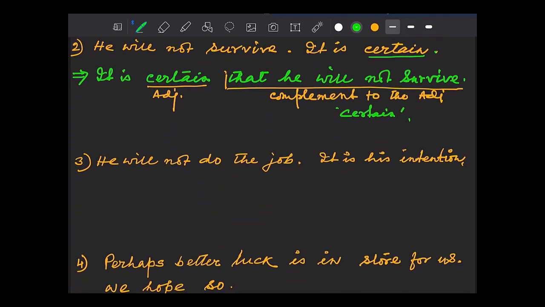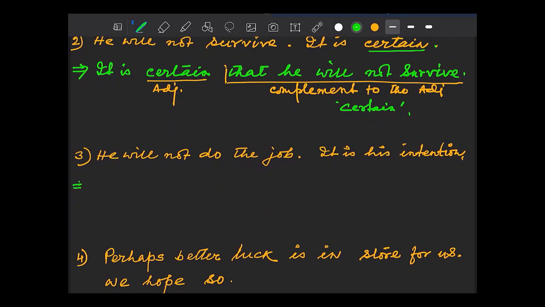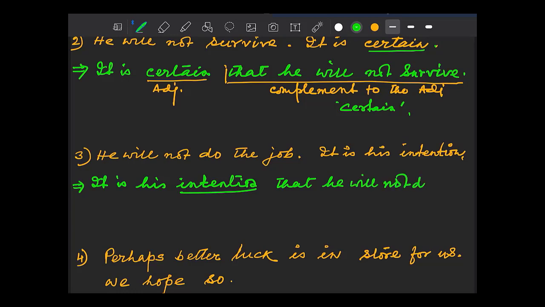Okay, now this one, he will not do the job. It is his intention. What is his intention? Right, it is his intention, a noun, that he will not do the job.